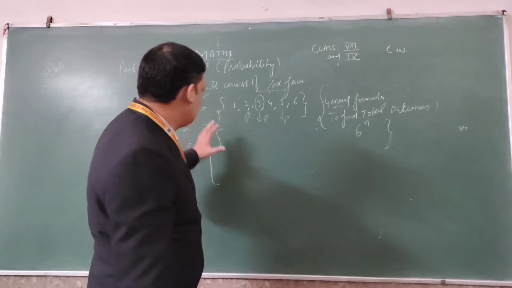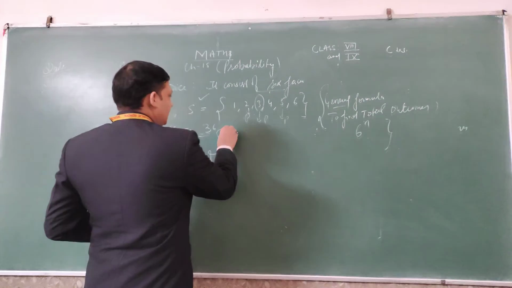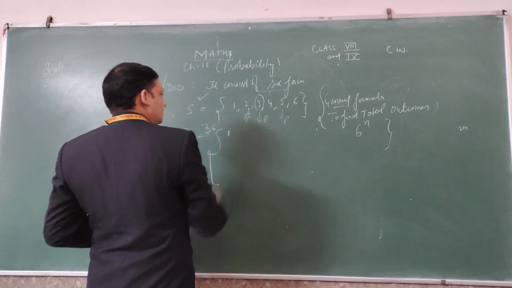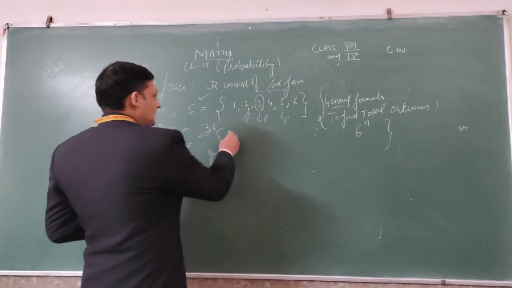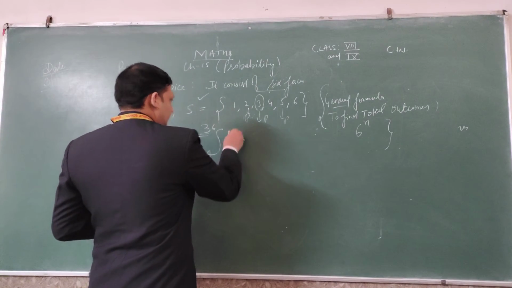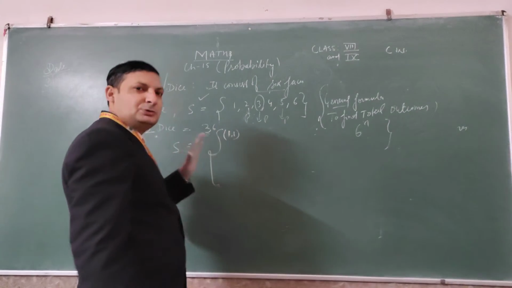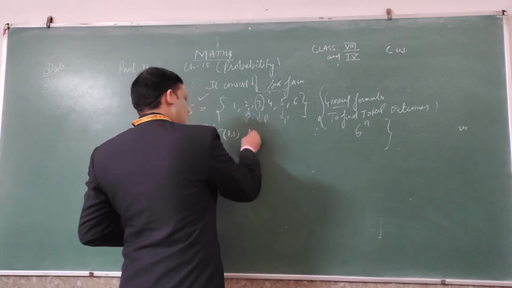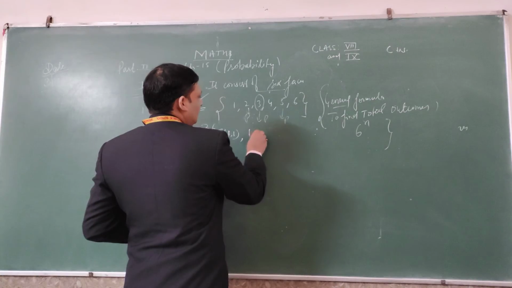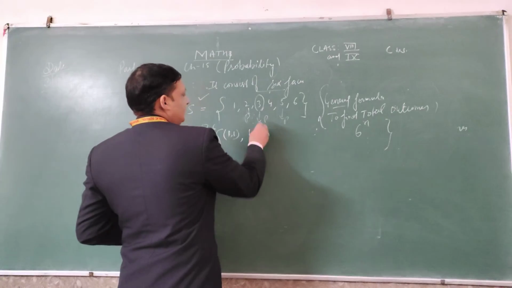We have to use a big curly bracket. When we toss one dice, 1 will come. Similarly, when we toss two dice together, on the second face, 1 can also come. So the first possible outcome for two dice will be (1,1). Then again 1 can happen on the first face and 2 can come on the second face.